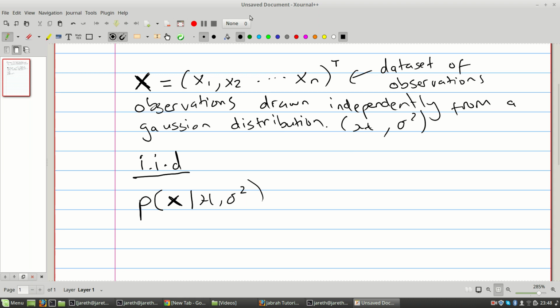Since these observations are drawn independently, when you have two events that are independent from each other and you want to compute the probability of both events happening, for instance, let me use a different color since this is more of a side note.